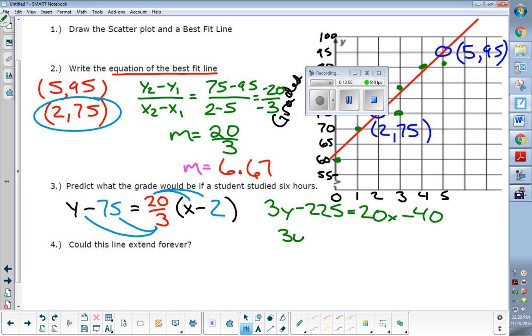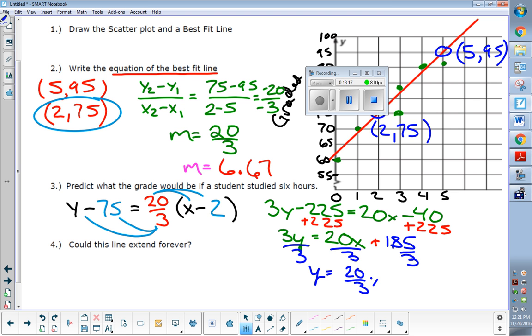So add. Divide by 3, divide by 3, divide by 3. Y equals 20 over 3x plus 185 over 3.